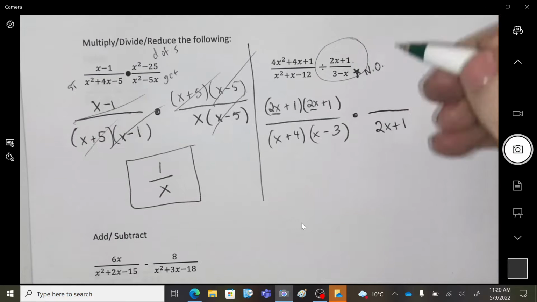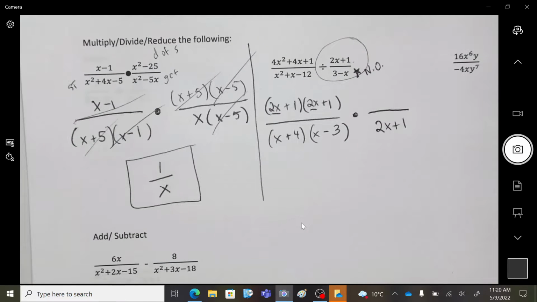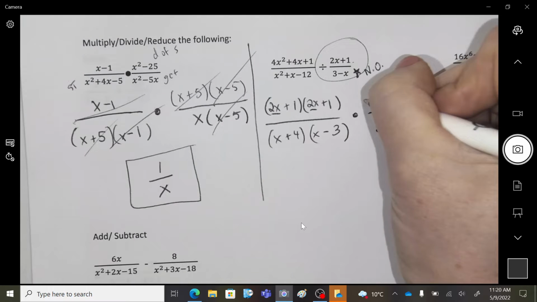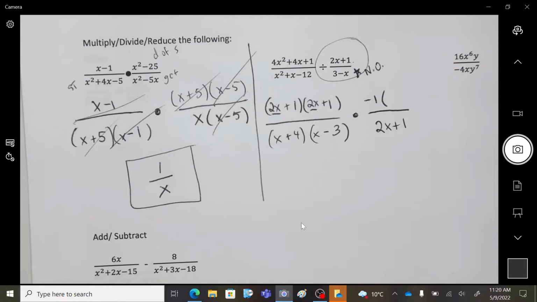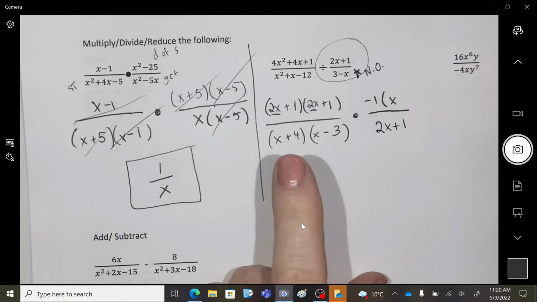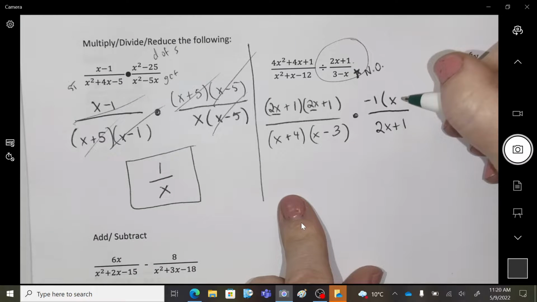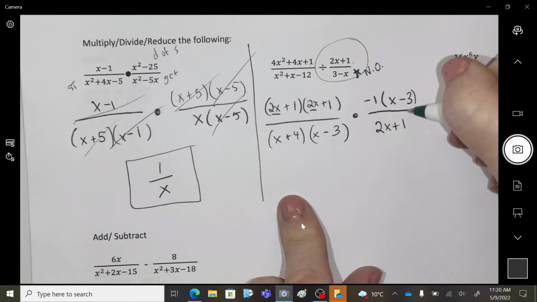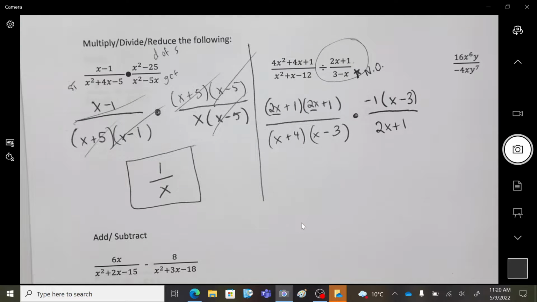Negative out. We don't like our negative variables. So negative 1 out. Now, what kind of variable do I have? Positive x. What kind of number? Minus 3. Okay, you got to switch everything with signs.